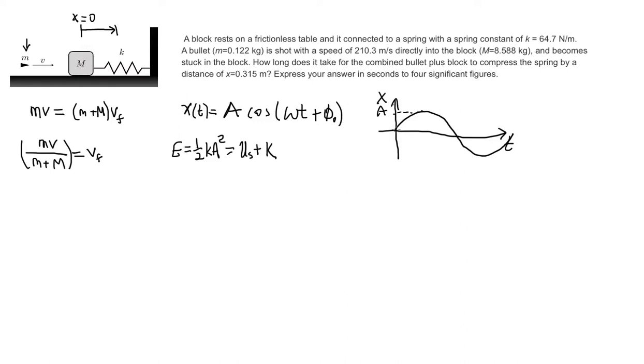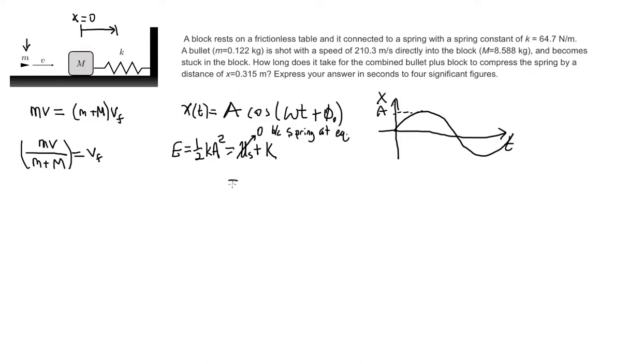In particular, it's true at t equals 0, where the spring is not compressed. So the potential energy is 0 because the spring is at its equilibrium length.